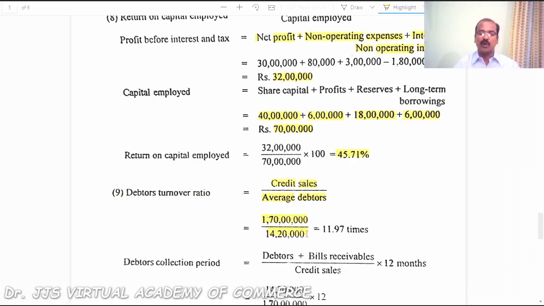If you don't find opening debtor and opening bills receivable, you can take the total of closing debtor and closing bills receivable. That is what is done here. You get the total of the closing debtor and closing bills receivable amounted 14,20,000. So the answer is what? 11.97 times. That's the debtors turnover ratio.